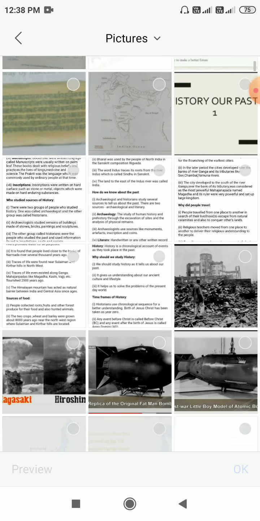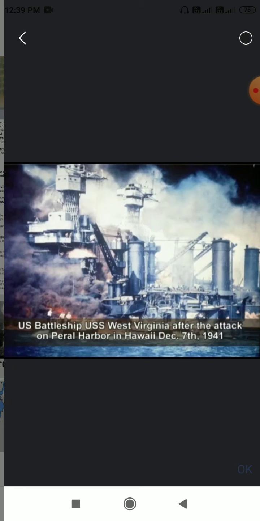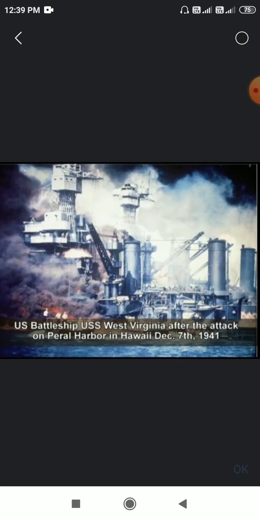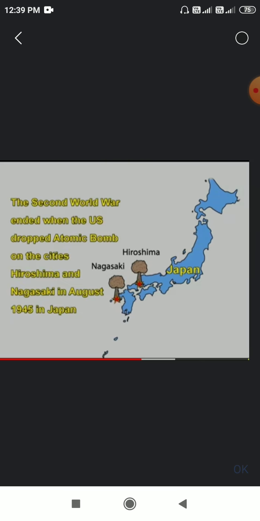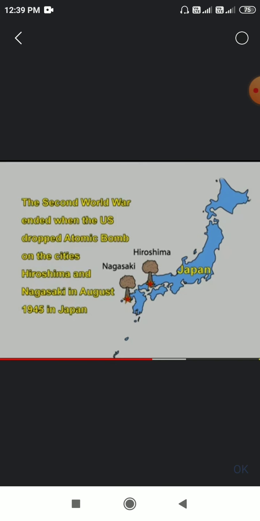I'll show you the picture here. This is the US battleship West Virginia after the attack on Pearl Harbor in Hawaii on December 7, 1941. And here, the Second World War ended when the US dropped atomic bombs on the cities of Hiroshima and Nagasaki in August 1945 in Japan.